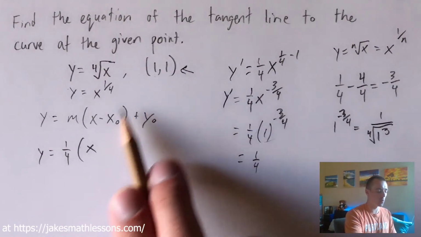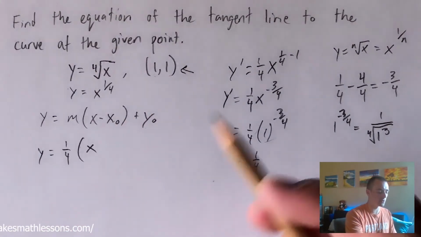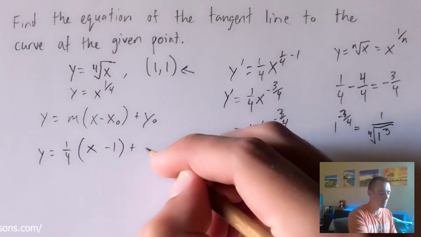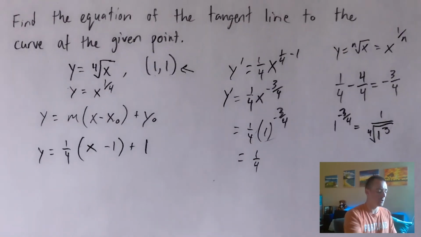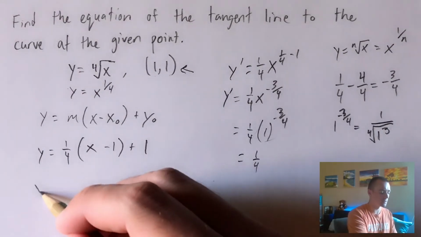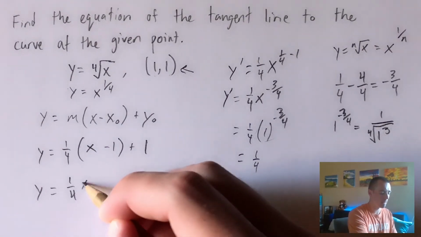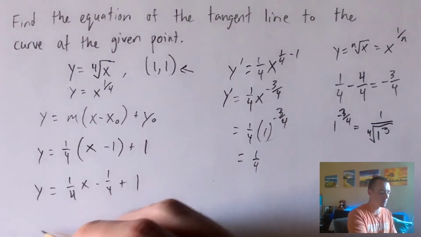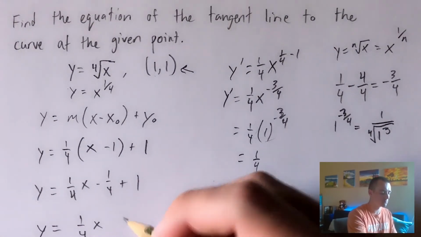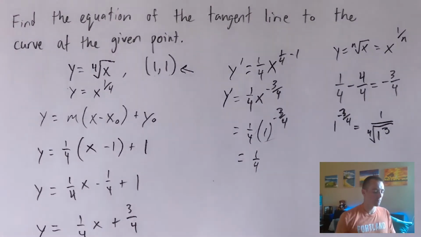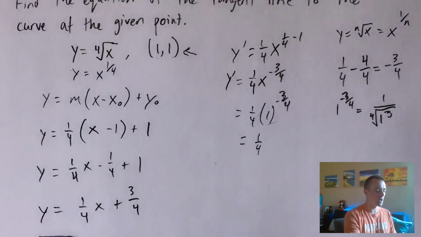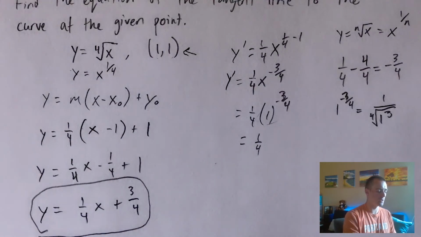So we can plug in 1 for x0 and 1 for y0. And then from here, all we really have to do is simplify this. So now we know this line equation right here would be tangent to this curve at the point 1, 1.